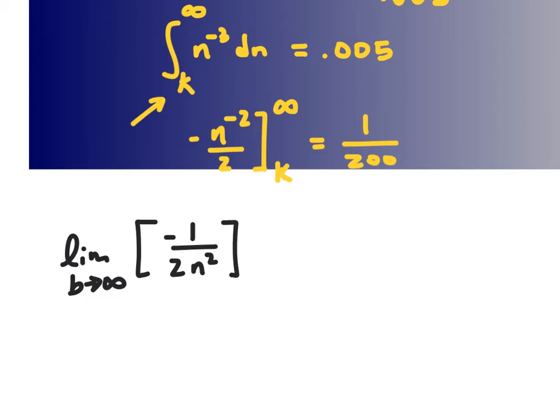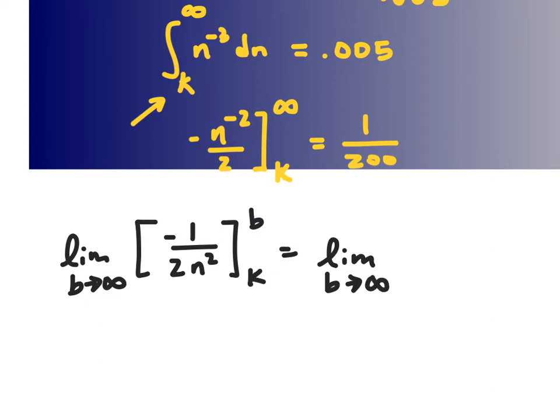So let's plug those upper and lower limits in. Let's take the limit as b goes to infinity. Remember, we have an improper integral here. I'm going to rewrite this as negative 1 over 2n squared from k to b. Did you ever think you'd be only dealing with letters in math? Well, now it's a reality.